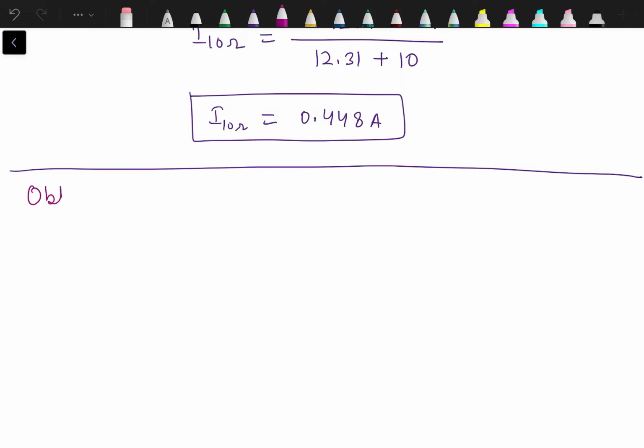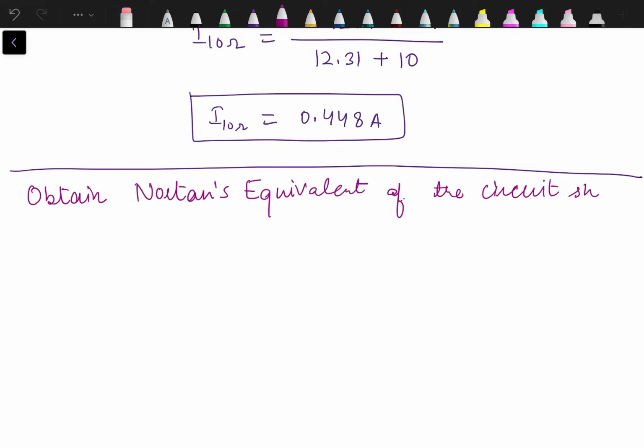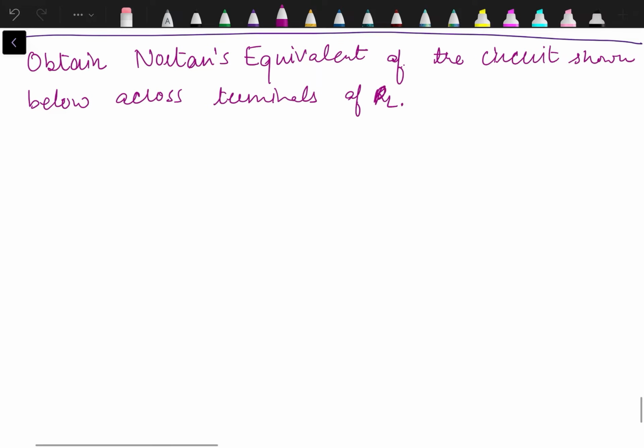The question is, obtain Norton's equivalent of the circuit shown below across the terminals of RL. So RL is given in the network.